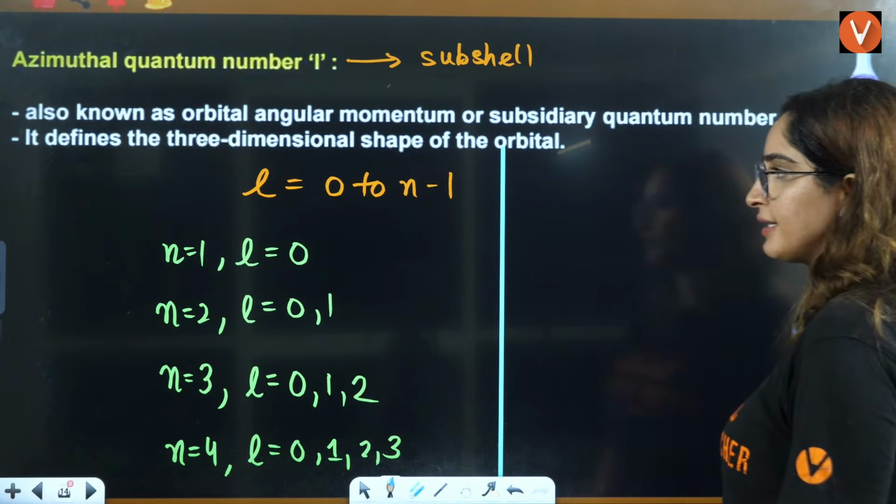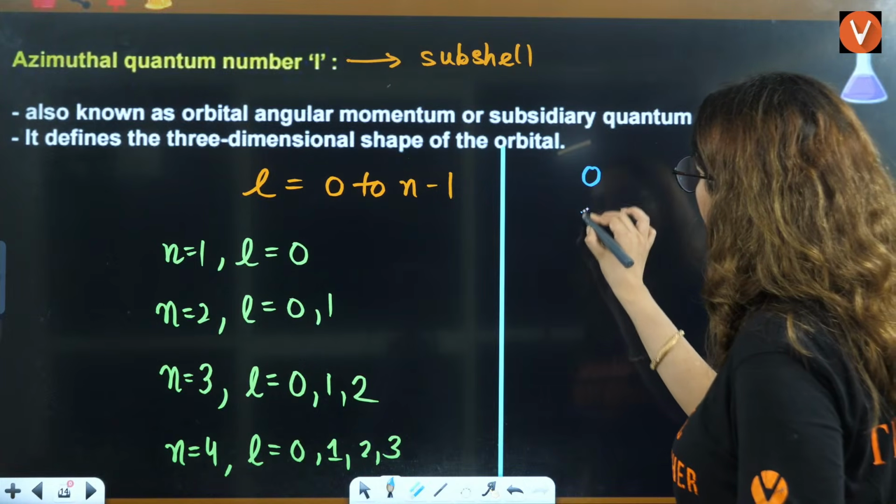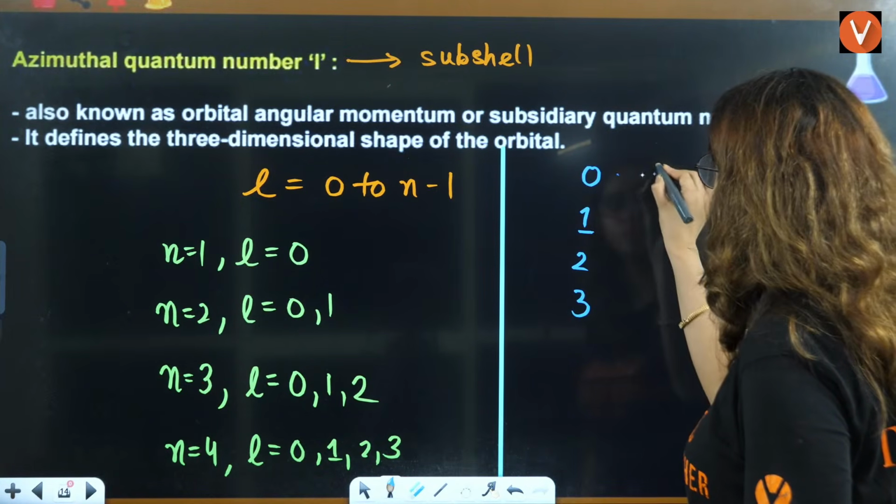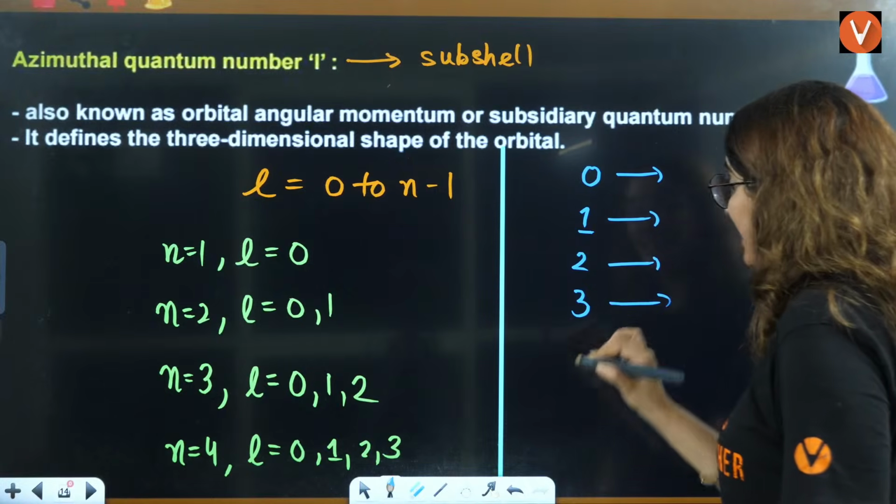This 0, 1, 2, 3 has a specific name, like each house has a name.